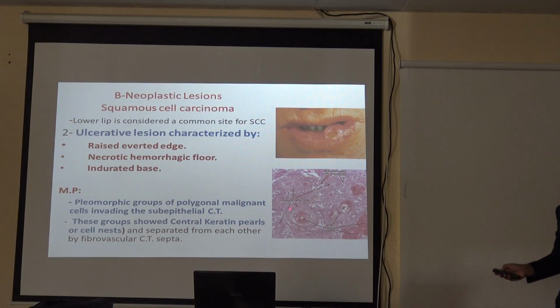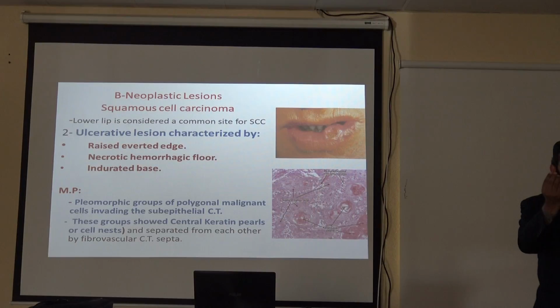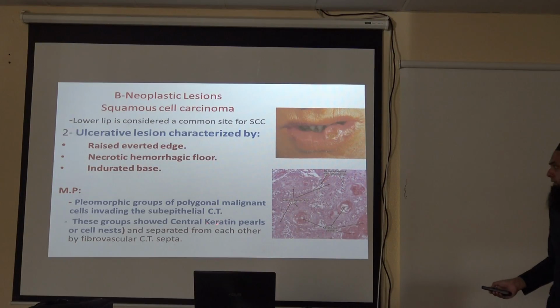So it's just rounded, a central keratin pearl. So the pearl-like rounded structure of keratin is there. So they call it keratin pearl. Okay, this is specific for squamous cell carcinoma. So again look at this, just like something like a pearl.